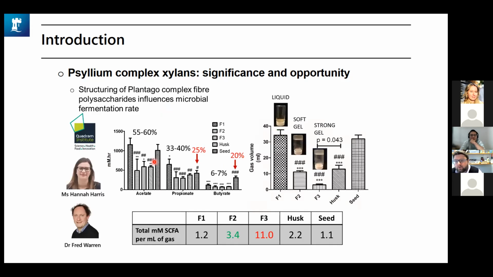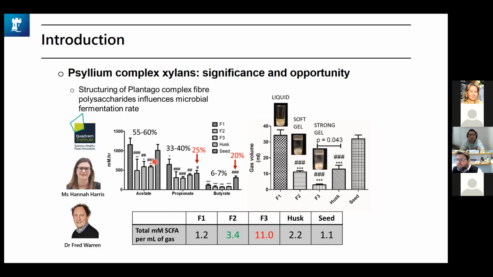And so we've collaborated with our friends at Quadram Institute, with Fred and Hannah, and we've been looking at the fermentation of these complex fibers from the xylan. So we fractionated it and we looked at the behavior of different fractions. And what we could show is that we can increase the production of the short chain fatty acids per milliliter of gas produced.